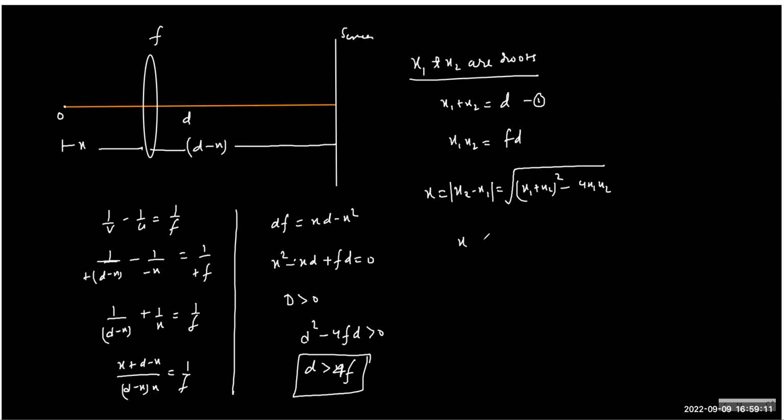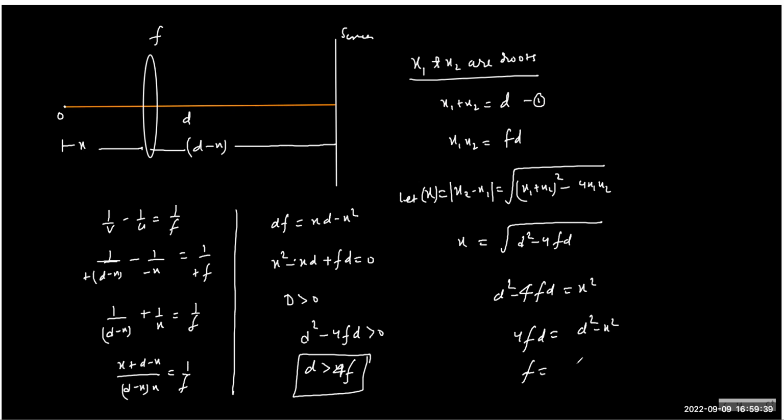So x is how much? x is the square root of the sum squared minus 4 x1 x2. So D square minus 4FD is x square.